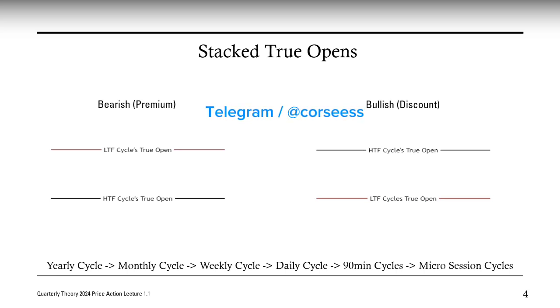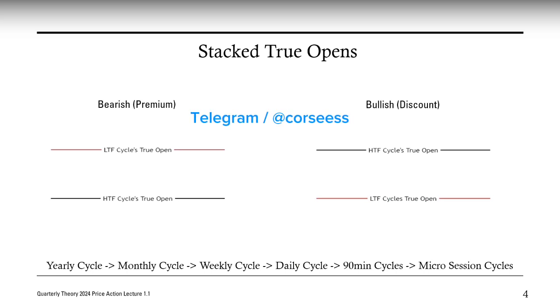You need two true opens. And at the bottom of this slide, I've put the hierarchy of cycles for you guys, from the larger down to the smaller cycles, right?